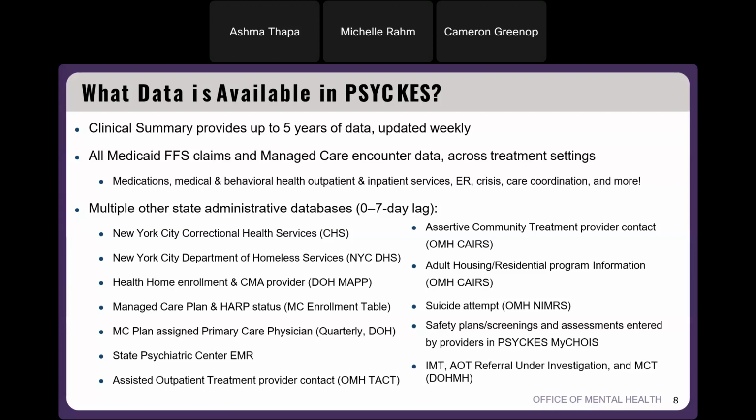We have a couple of data pieces coming from CARES. We have assertive community treatment contact information, and then adult housing and residential information as well. We have data coming from NIMERS. And then lastly, we have intensive mobile treatment, AOT referral under investigation, and one of our newer data pieces, mobile crisis team data coming to us from DOH-MH.